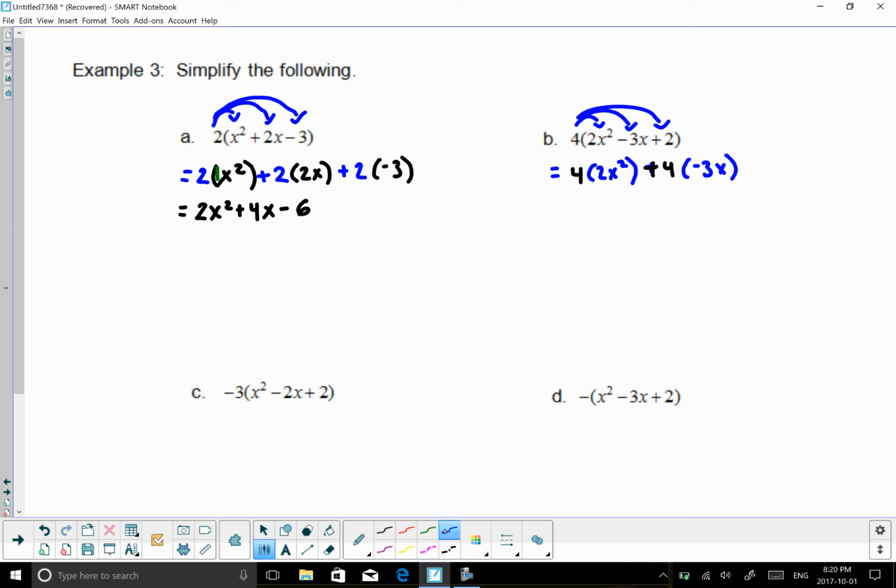And then positive 4 times 2. So 4 times 2 is 8. So I have 8x squared. 4 times negative 3 is negative 12. And 4 times 2 is 8. Again, 3 different terms. They're not like terms.